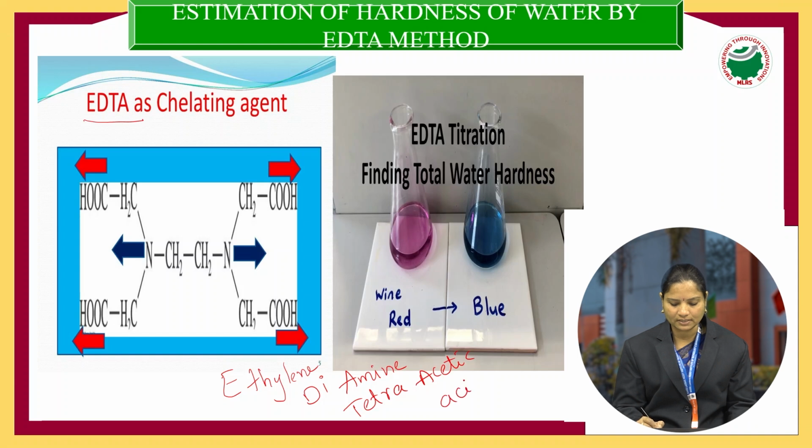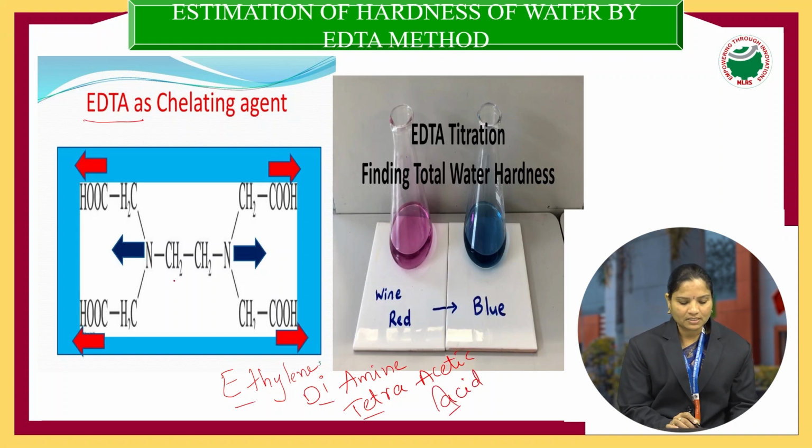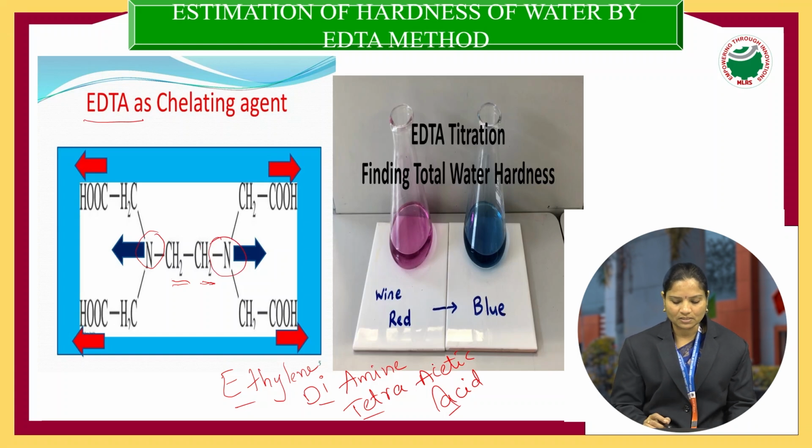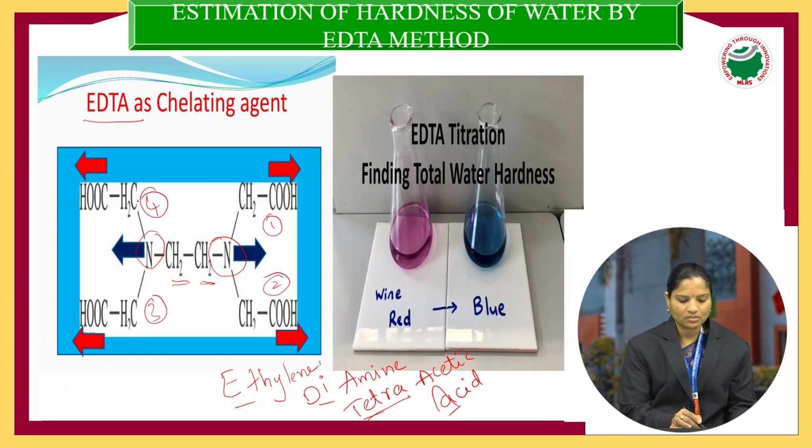In EDTA, ethylene means two carbons. Diamine: di means two, so there are two amine groups. Tetra means four, so 1, 2, 3, 4, tetraacetic acid.